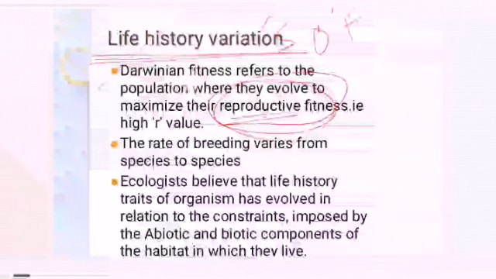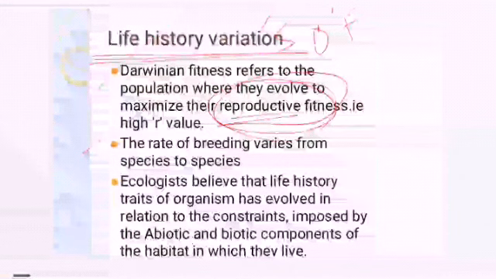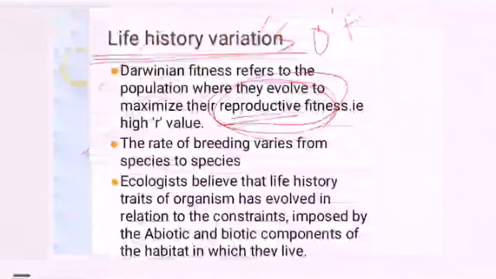The rate of breeding also varies from species to species. Some organisms, like the bamboo plant and the Pacific salmon fish, breed only once in their lifetime and thereafter do not breed. Others, like mammals and birds, breed many times during their life cycle.